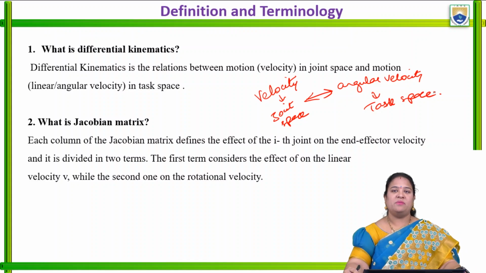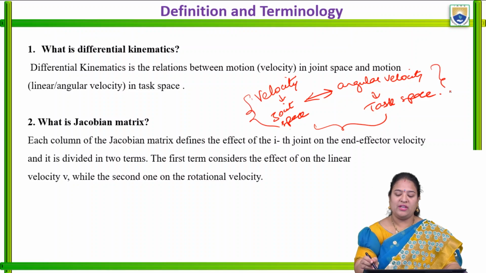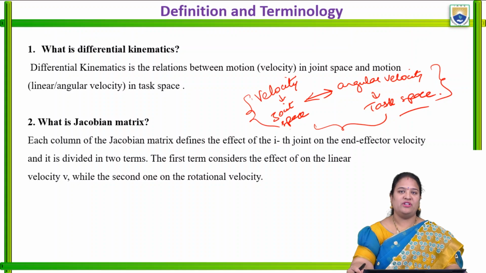So differential kinematics is nothing but the relation between the velocity in the joint space and the angular velocity in the task space. That is known as differential kinematics, which is generally used in robotics, right?